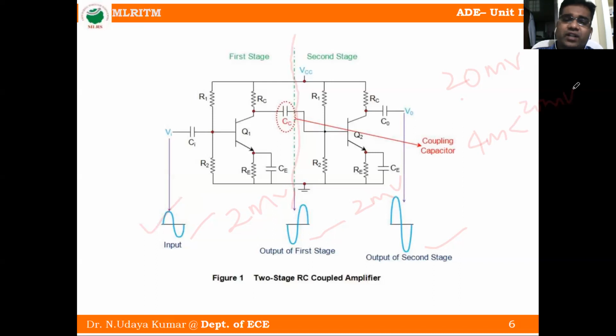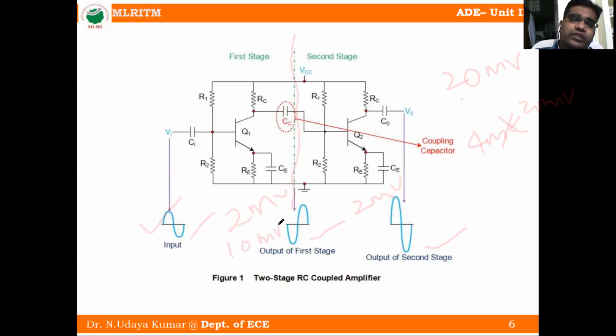So this is right or wrong? Total gain is less than the product of the individual stages. So here total gain is greater than, so this is wrong.